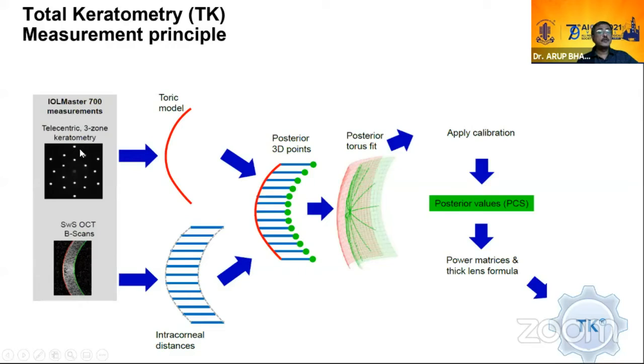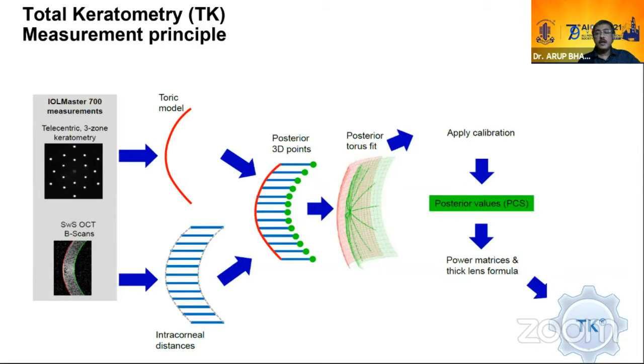The total keratometry is almost a wonderful thing. The three-zone telecentric keratometry measures the CCT in that particular place, makes a 3D posterior point, creates a posterior toric field, applies the calibration and posterior values, and applies the power matrix of the thick lens formula, and you can get the total keratometry.